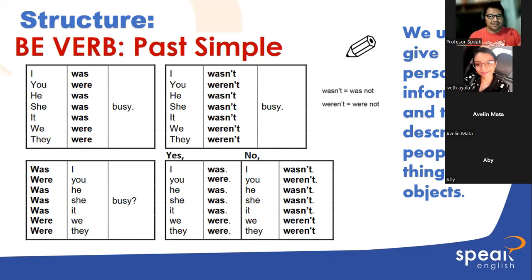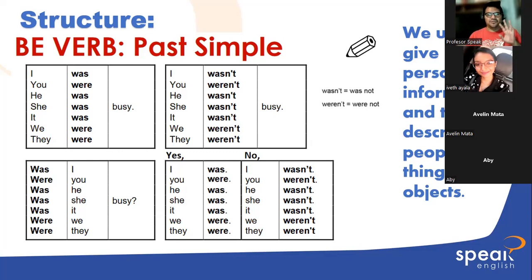Tienen que irlo practicando para que les pueda salir el sonido. Si solamente lo hacen en esta clase, pues se va a hacer un poco lento el aprendizaje. Entonces tienen que practicarlo. Weren't, weren't. Okay. All right.